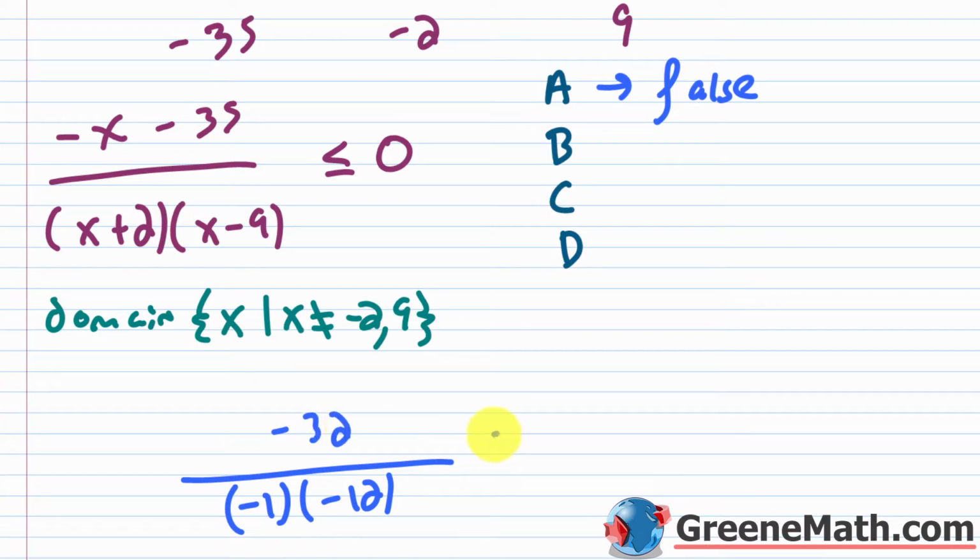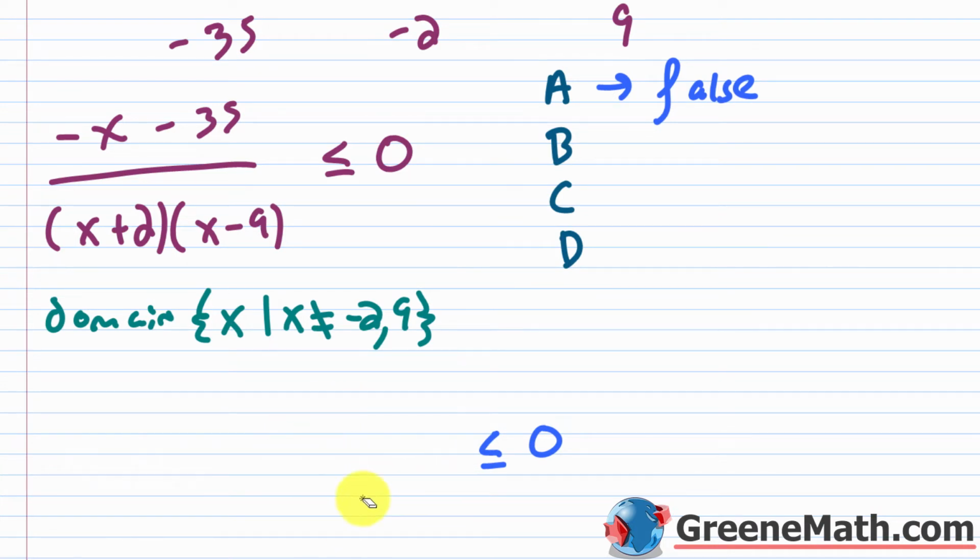So we have a negative over a positive, so this will be less than 0. For completeness, -1 times -12 is +12, and -32 over 12, dividing each by 4, is -8 over 3, which is less than 0. So this is going to be true.